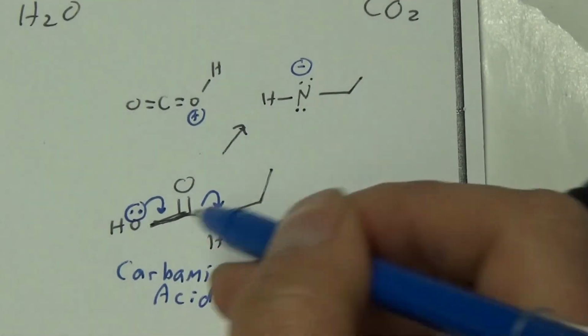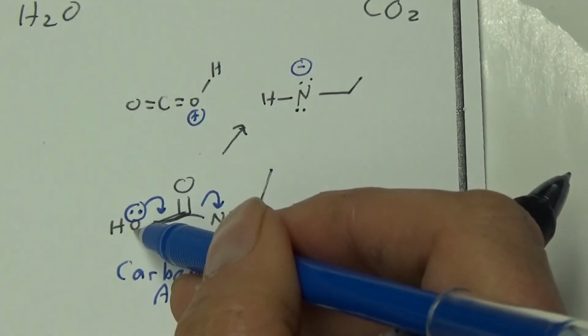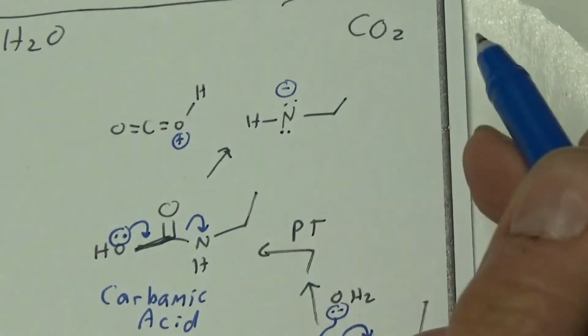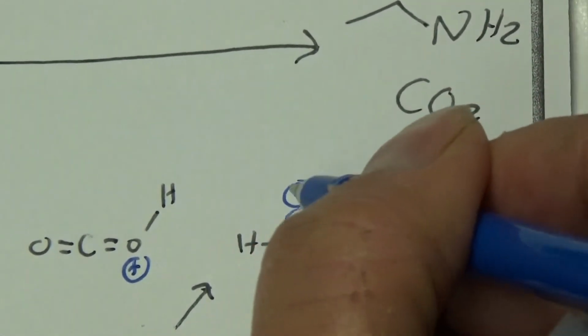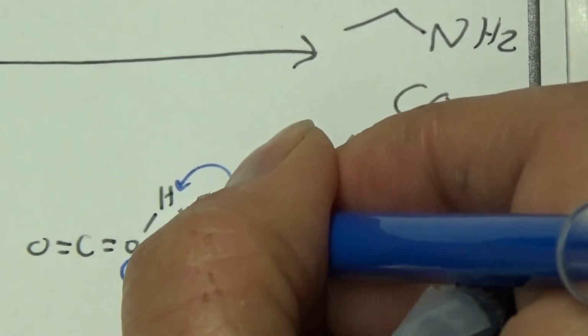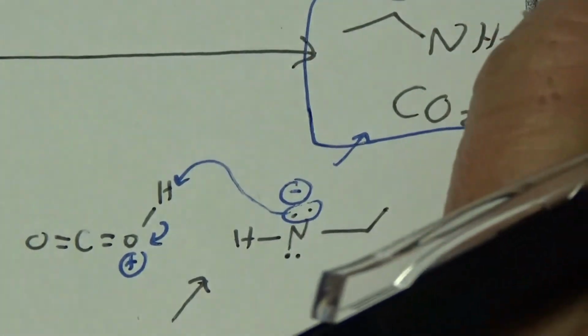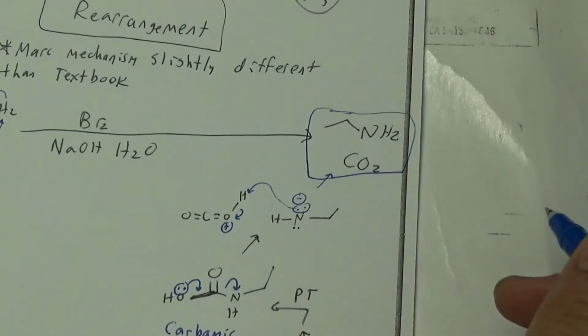I flipped it around, whatever. It's CO2, right? O double bond C double bond O with that extra proton on there, and now I just grab the proton off or whatever. Okay, we're done. And that is the mechanism of the Hofmann rearrangement.